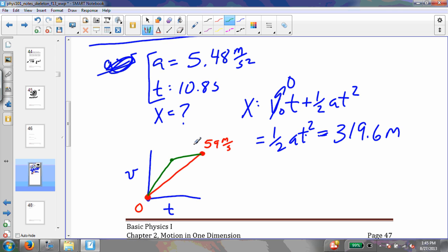Now here, the acceleration is bigger in the first part. So I'm accelerating at a faster rate in the first part, and then in the second part of the race, I accelerate at a slower rate. My acceleration is big initially, and I say that it's big because I have a big slope right here, and then I have a smaller slope.